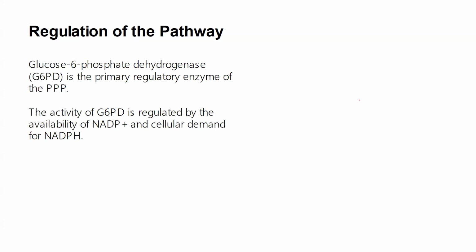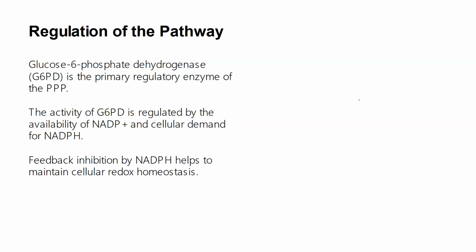So a high amount of NADPH in a cell blocks glucose 6-phosphate dehydrogenase, while a high amount of NADP plus activates the glucose 6-phosphate dehydrogenase enzyme. Therefore, the feedback inhibition by NADPH helps to maintain cellular redox homeostasis.